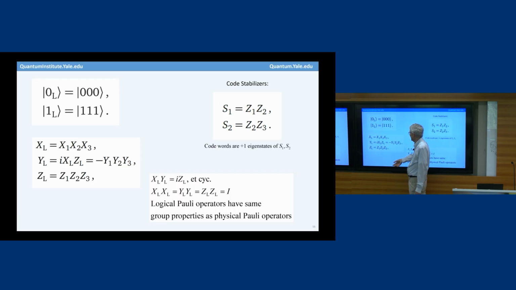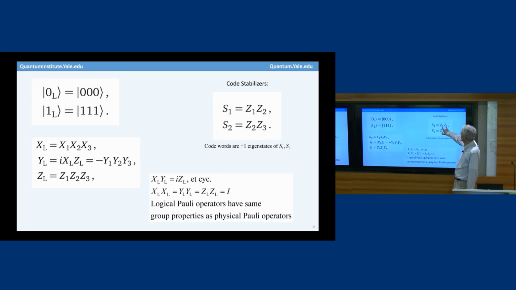For a single bit, Z, you can just take Z, Z, Z. And for Y, you just take I, X, Z. And these logical operators obey the same Pauli group relations and algebra relations that single qubit Pauli operators do.